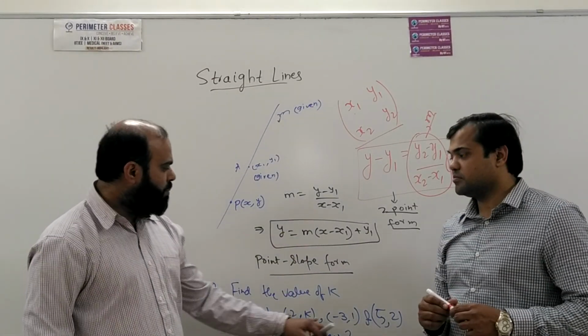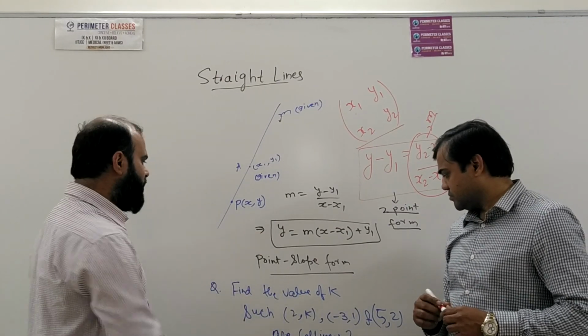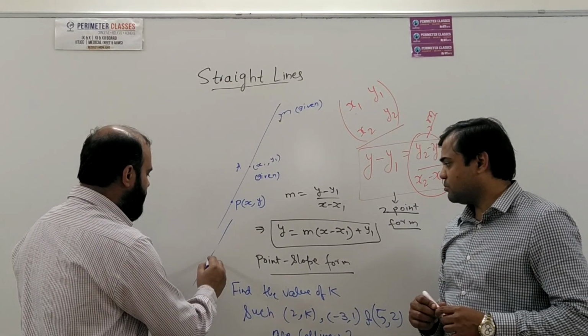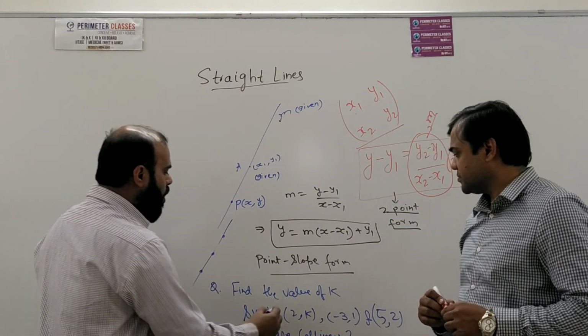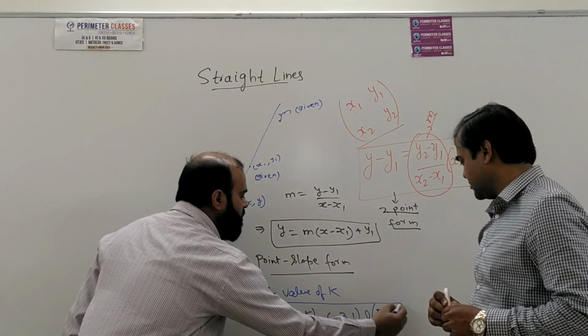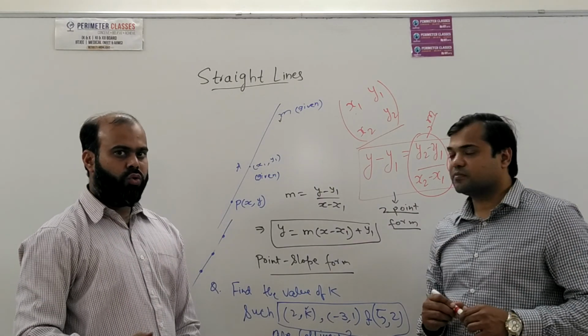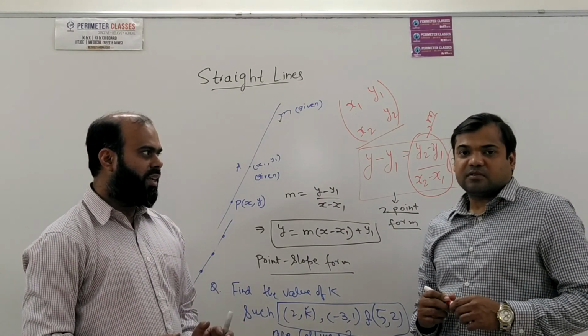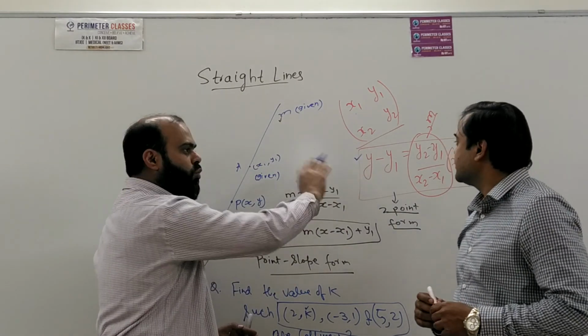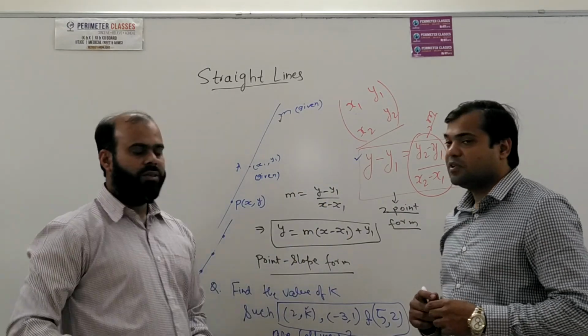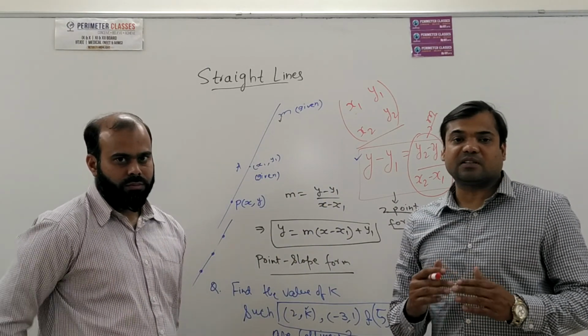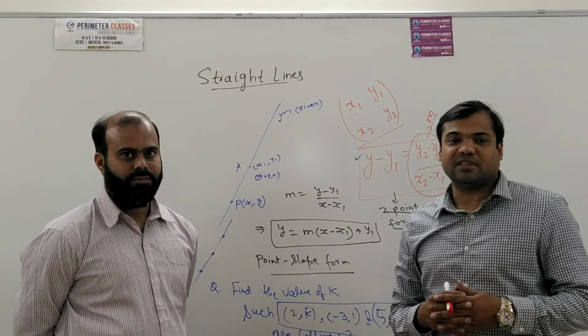If there are 3 points and they are collinear, that means they lie on the same line. So how can you find the value of the unknown, which is k? We will discuss this in the next class, and this form will help you to apply it. In the next lecture, we will also discuss the application of straight lines in physics.